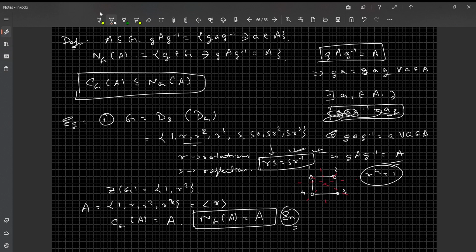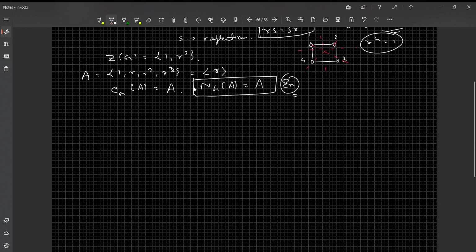One more thing to observe about centers is that if G is abelian, then the center of G is the whole of G, right? Because every element in G will commute with every element in G because G is abelian.